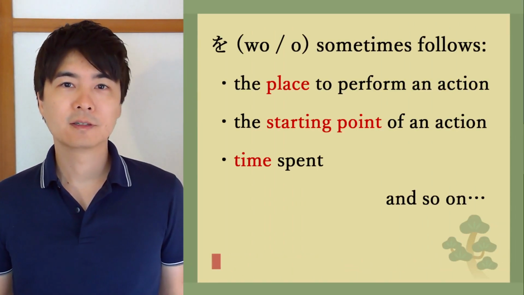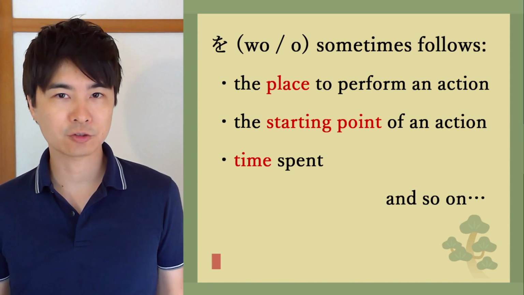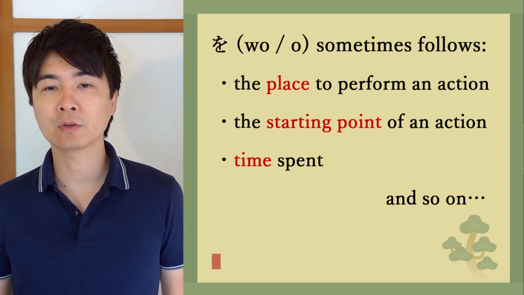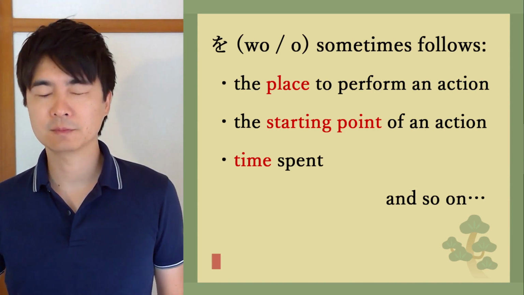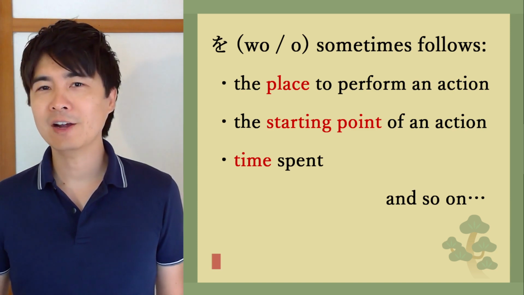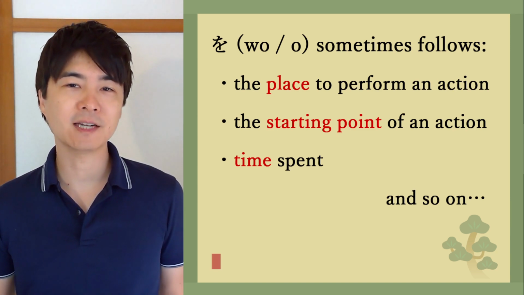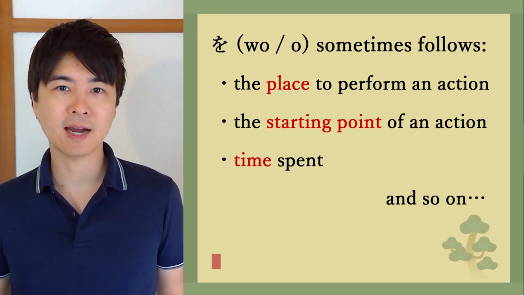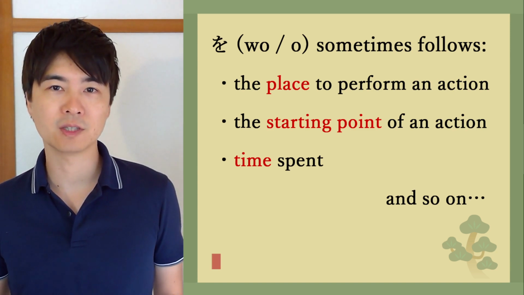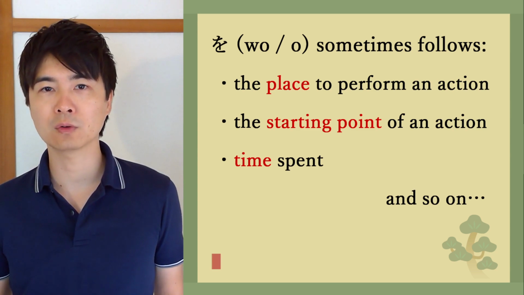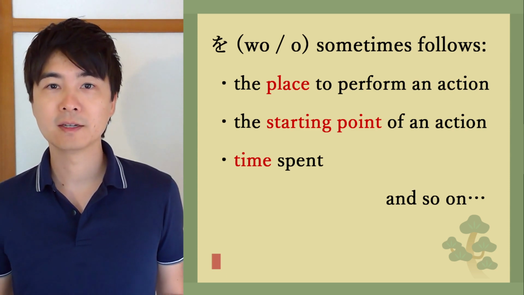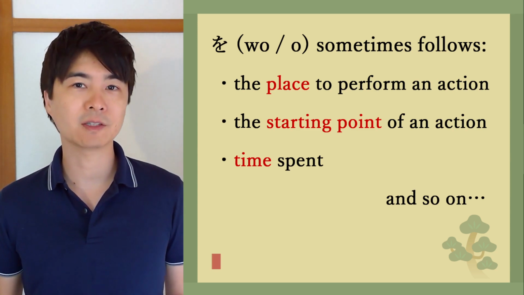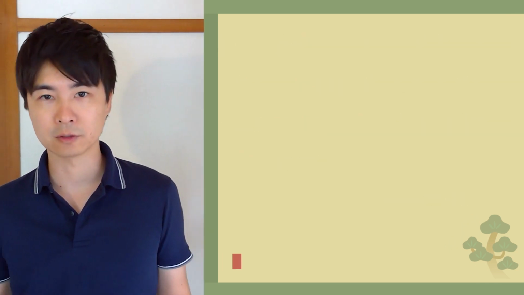For example, を sometimes follows the place to perform an action, the starting point of an action, time spent, and so on. However, I don't think remembering them is that important. Even when you encounter these cases, I think you can assume the meaning of them if you just remember that を follows the object of a verb. So in this video, please just remember that を follows the object of a verb.